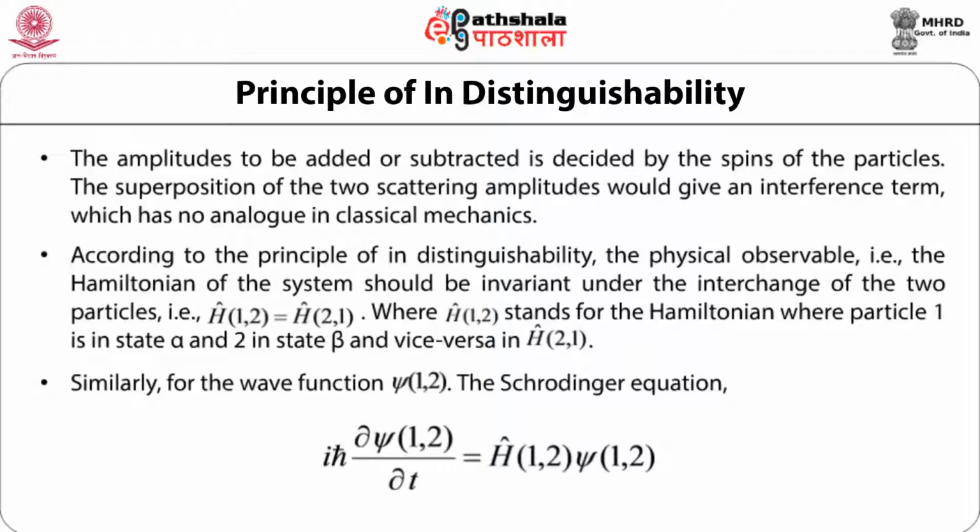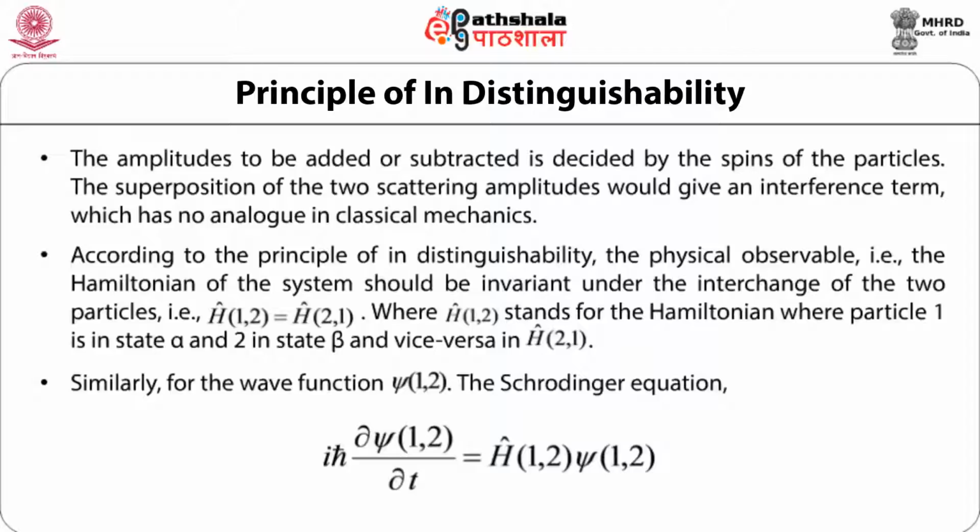Mathematically, we can express this as Hamiltonian operator H of the particle 1 and 2 is equal to Hamiltonian operator H of the particle 2 and 1, where H of the particle 1 and 2 stands for the Hamiltonian where particle 1 is in state alpha and particle 2 is in state beta, or if we look at the example that we just considered, proton 1 is the target and proton 2 is the projectile, and vice versa in case of Hamiltonian operator H acting on particle 2 and 1, where particle 2 is the target and particle 1 acts as the projectile.